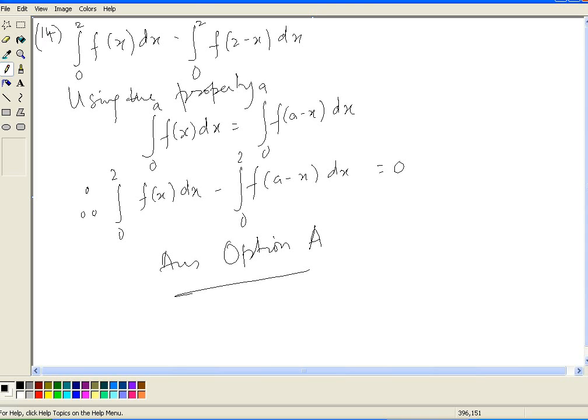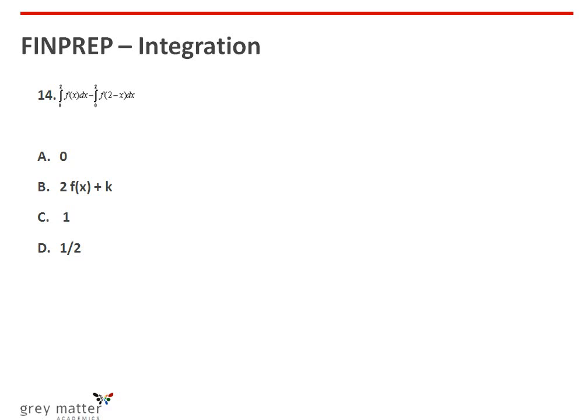We use the property of definite integrals, which is integral 0 to a of f of x dx is equal to integral 0 to a f of a minus x dx. So we get integral 0 to 2 f of x dx minus integral 0 to 2 f of 2 minus x dx as equal to 0. So the answer is option A. So we go to that PowerPoint presentation which says option A equal to 0.